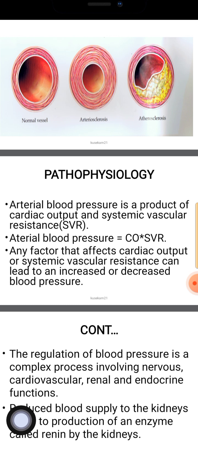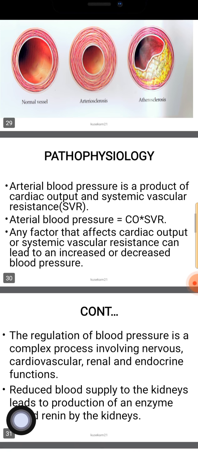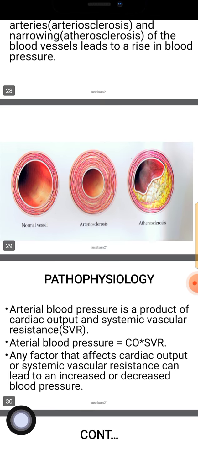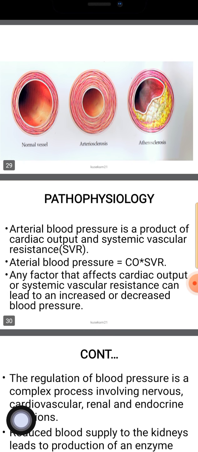They have compressed the lumen of the blood vessel, making it narrowed. Now imagine if there is blood flowing there. It means the blood will rise in pressure so that it can pass. So that's how. We are done with the predisposing factors of secondary hypertension.